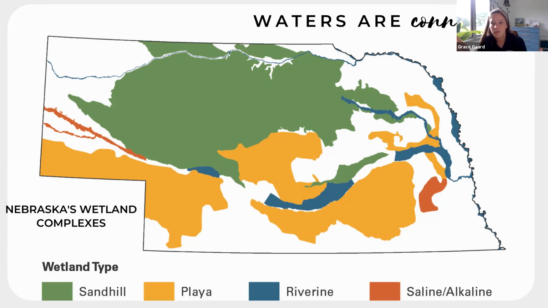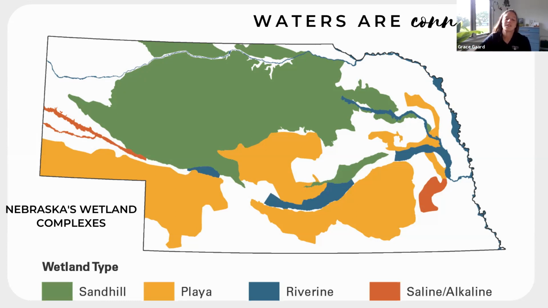But if you see the text I put on here, it says waters are connected. So it's important to keep in mind that I might have put one type of animal in the saline wetlands category, but it is maybe an animal species that you could find in other parts of Nebraska as well. Keeping in mind that water is connected, that means nature isn't always going to fit into the box that we put it into.